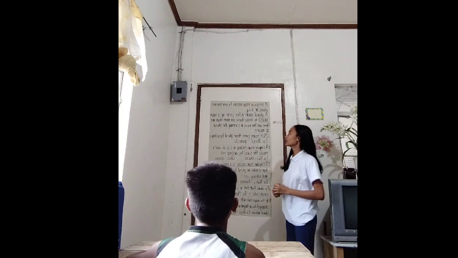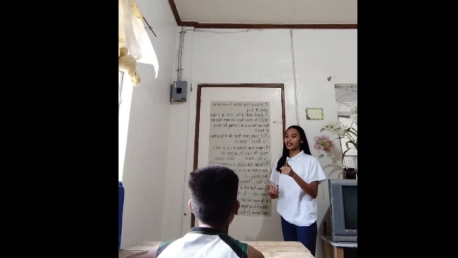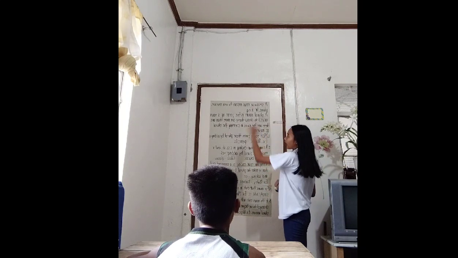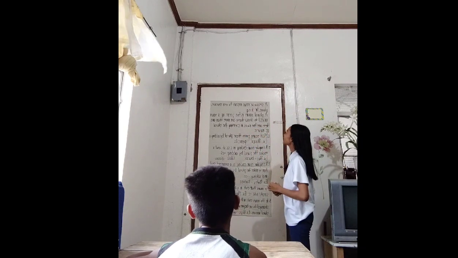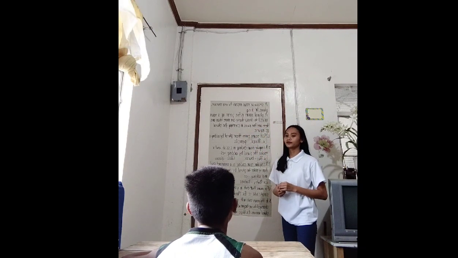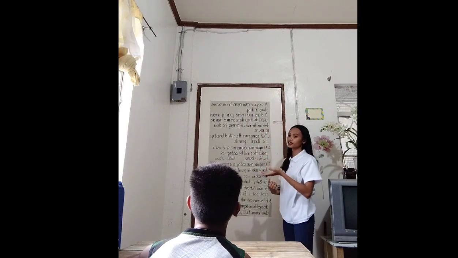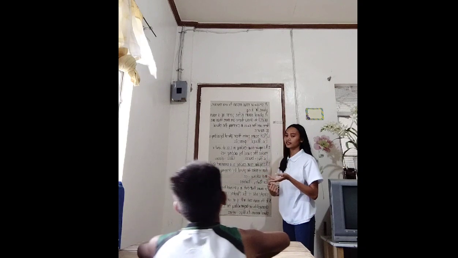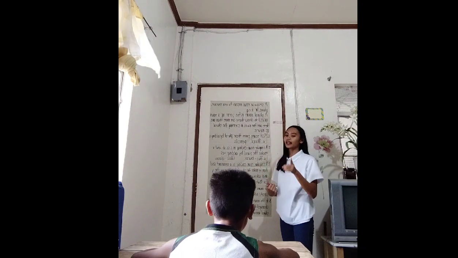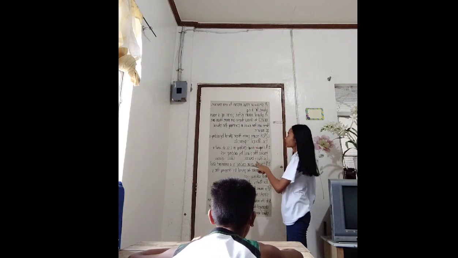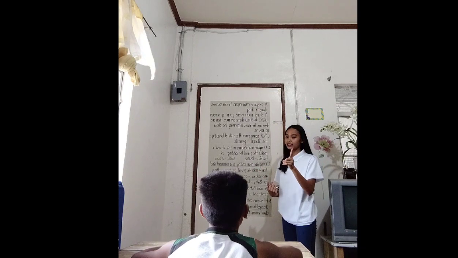So, ang plural daw ay tumutukoy sa higit sa isang tao, lugar, at bagay. Ano ang pagkakaiba ng dalawa? Kapag singular noun, anong tinutukoy? Isang tao, bagay, at lugar. Kapag plural noun, ang tinutukoy ay higit pa sa isa.